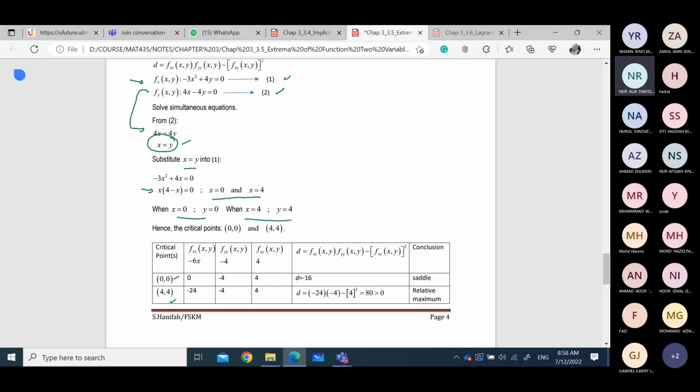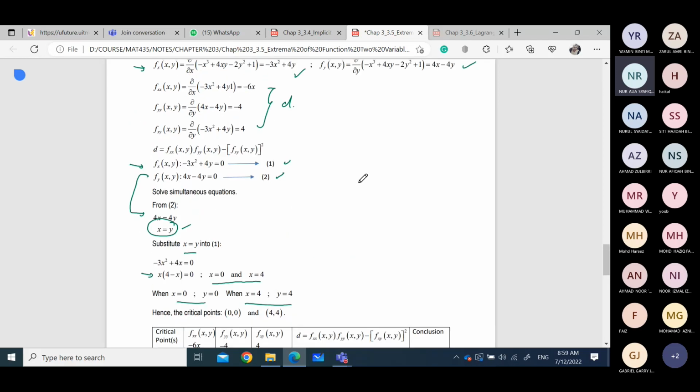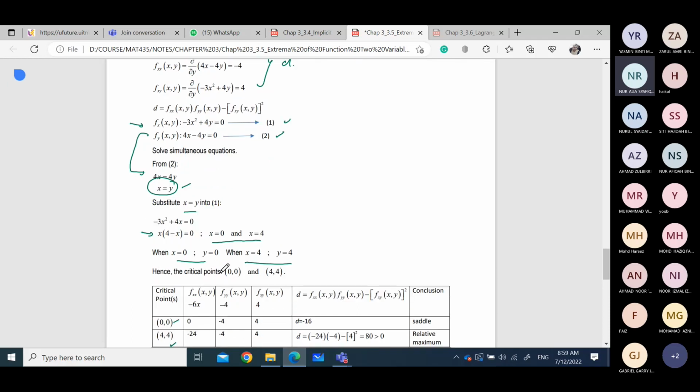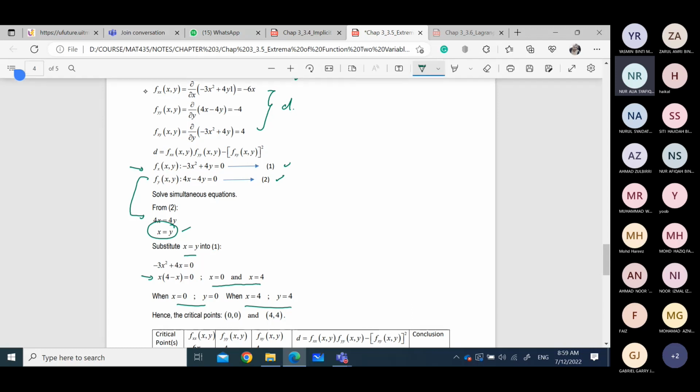Okay, so next, we need to determine the discriminant. And we need to look at whether it is greater than 0 or less than 0. Okay, so kat sini, yang second column ni, it is about the second order partial derivative with respect to x on the surface. So here we have negative 6x.